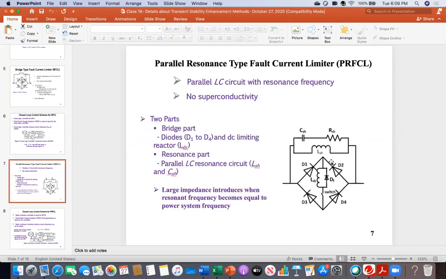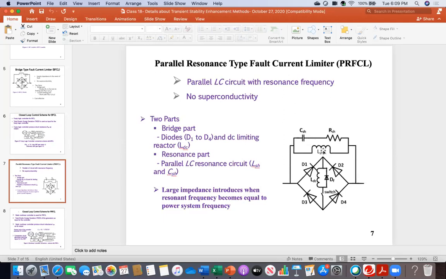But in this case, there is a high value of inductance, a high value of capacitance, but the resistance is small. You might even eliminate it. If you Google parallel resonance type fault current limiter, some reports say you only need the combination of L and C. But some power industry say you may add a small resistance, which will improve the performance.